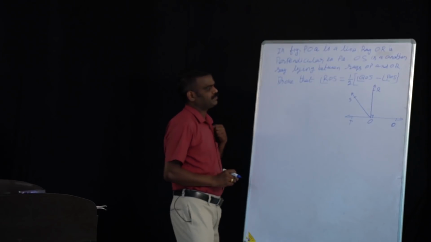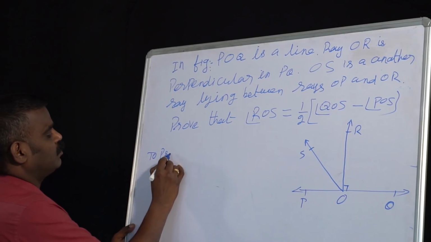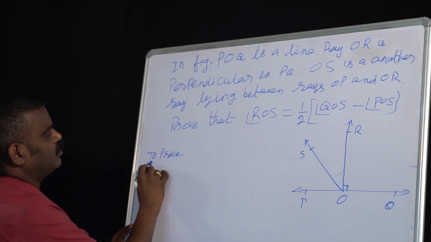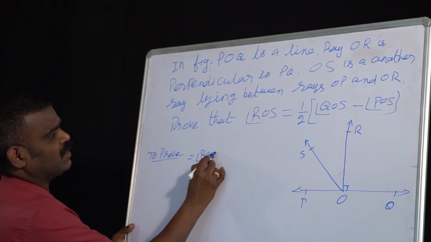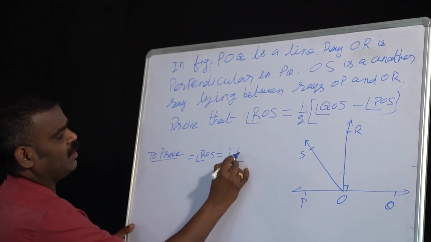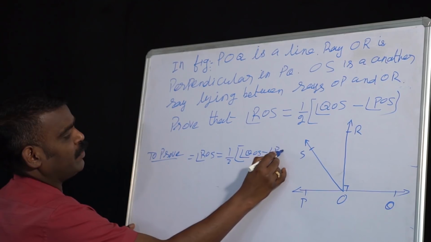Okay. Angle ROS equals 1/2 of angle QOS minus angle POS.